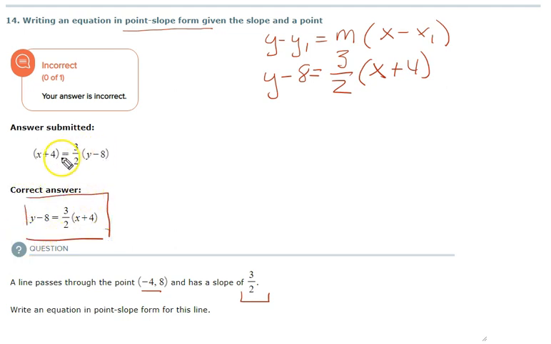And I can see what happened here. This person had their x's and y's mixed up in the formula, but they had the right slope, sort of the right idea. I'm going to give them half credit for this. That's how it works. Okay.